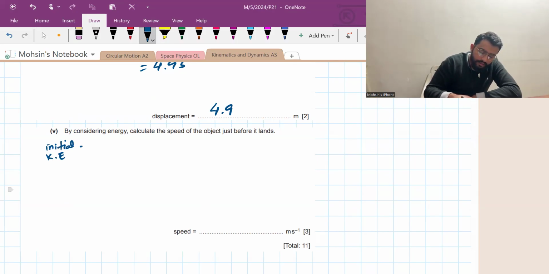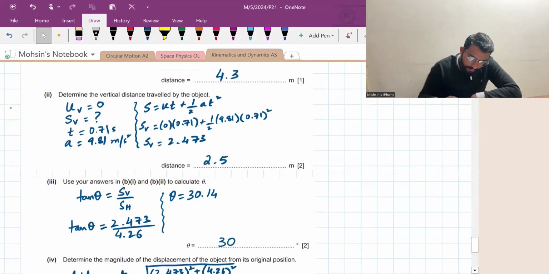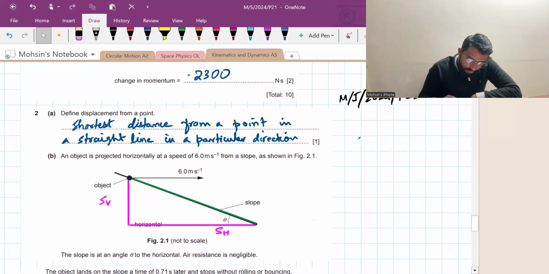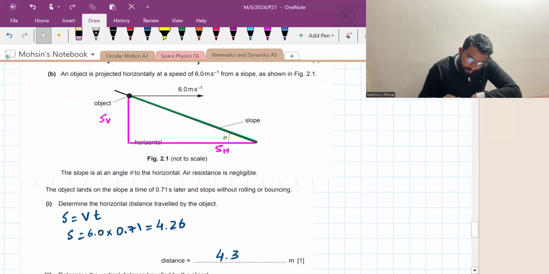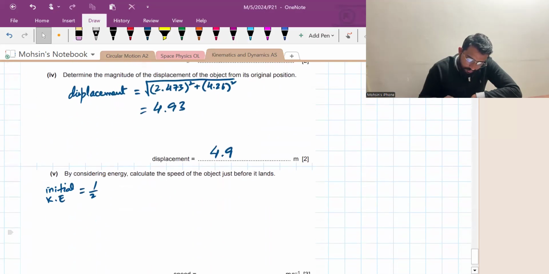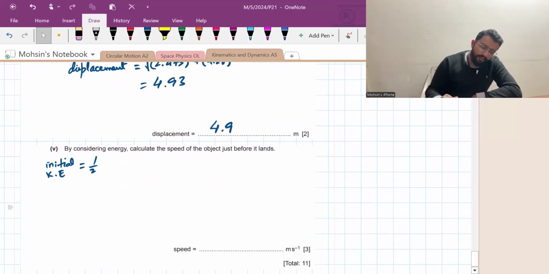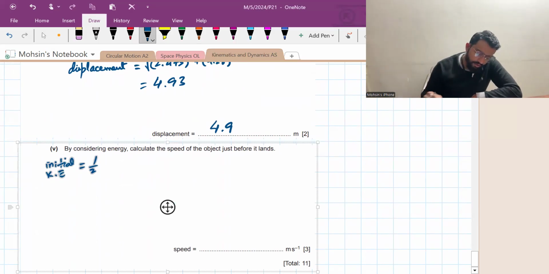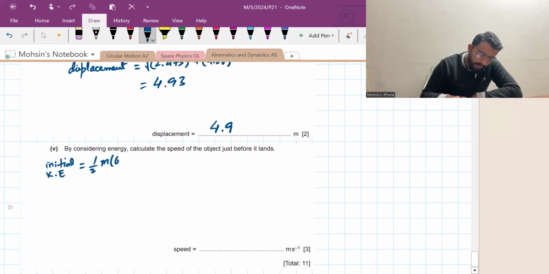Initial kinetic energy will be half mass. Do we know the mass? Okay, we do not know the mass. So we have to use m, and then it will get cancelled out. Half m 6 square. 6 into 6 is 36, divided by 2, 18 m. Initial kinetic energy is 18 m.